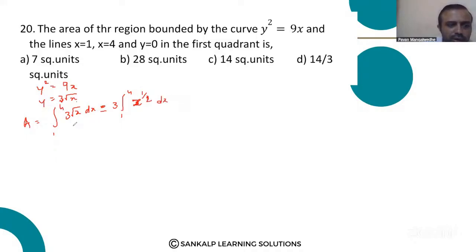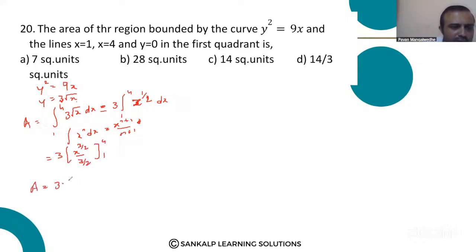Use the rule of integration: x raised to n dx is x raised to n plus 1 by n plus 1. Already you know this rule. So use this: 3 into x raised to 1 by 2 plus 1, which is 3 by 2, by 3 by 2, from 1 to 4, upper minus lower limit.